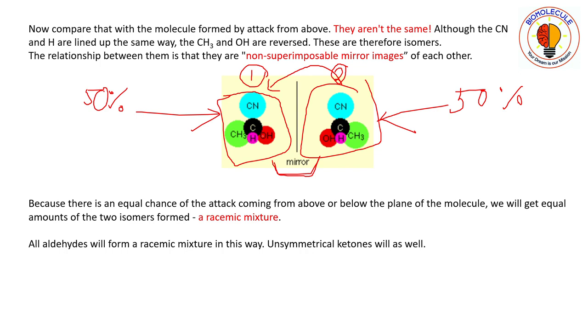Now if we look into optical isomerism, what is optical activity? First of all, if we place a compound and pass sodium D light over that compound, after passing the light, you will see that the light gets deviated by a certain angle.